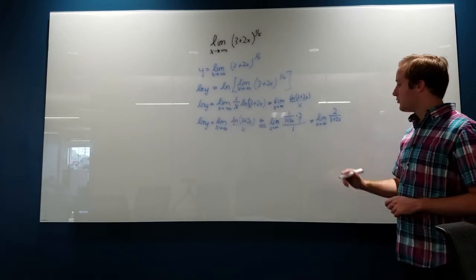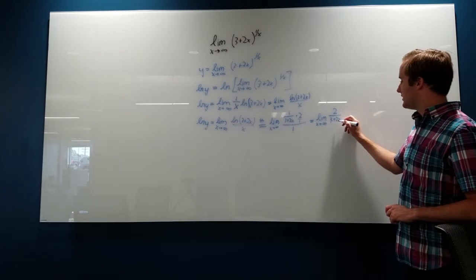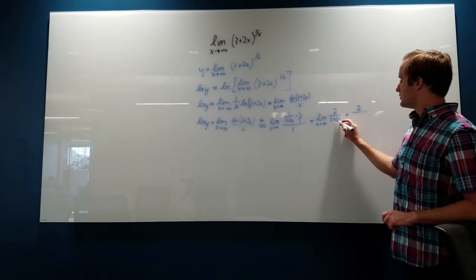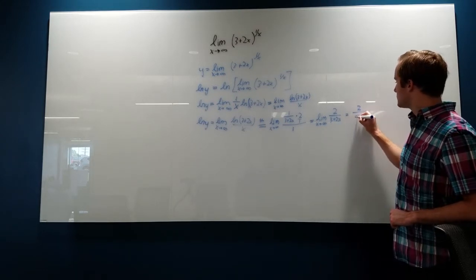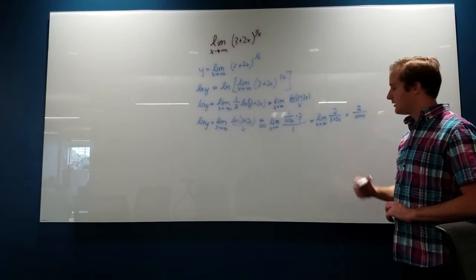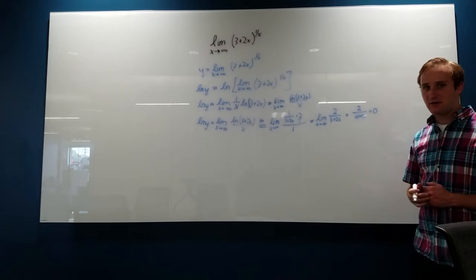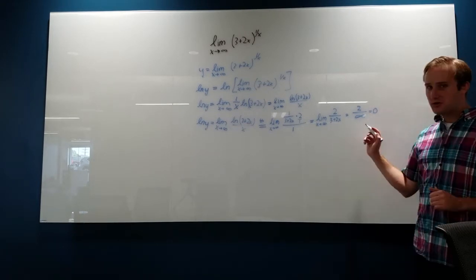Now plugging in infinity one last time, we get 2 over 2 times infinity is infinity, and infinity plus 3 is infinity. So 2 divided by infinity, which is equal to 0, because any constant divided by infinity in a limit is 0.